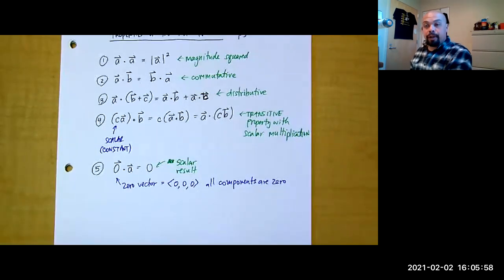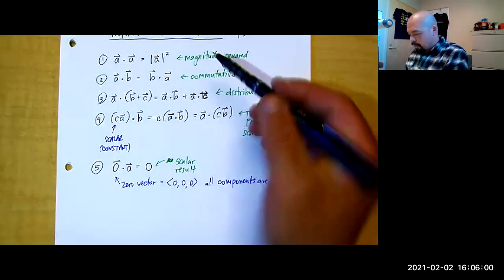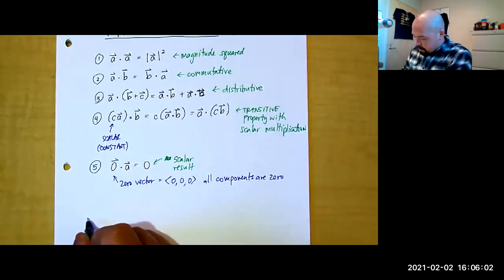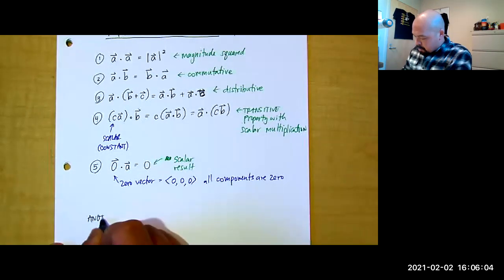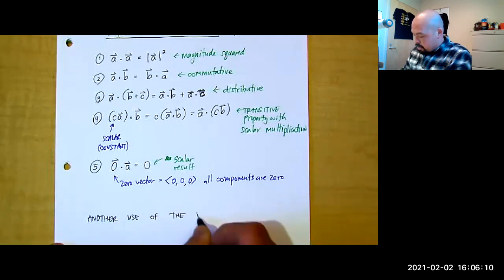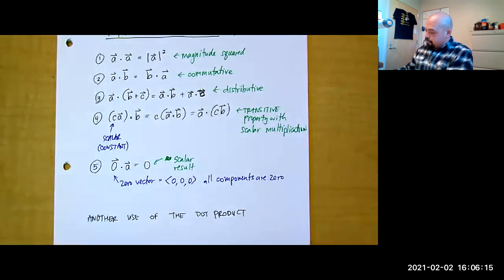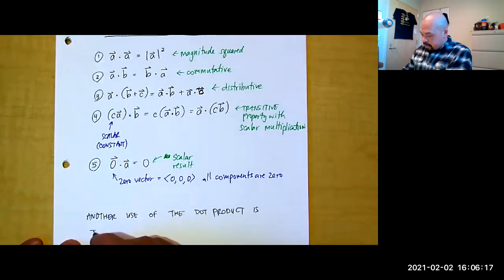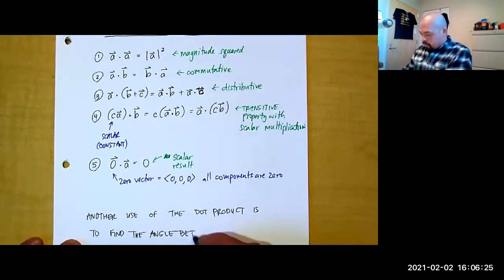But then another important use of our dot product is to find the angle between two vectors.